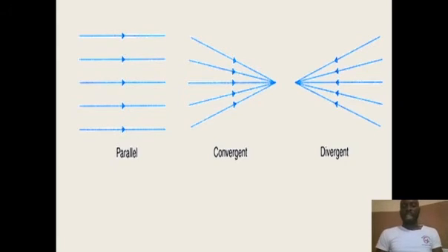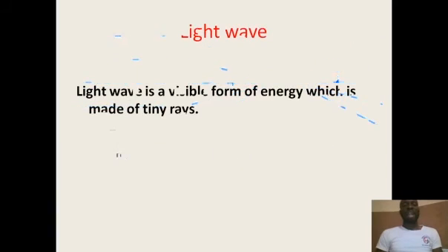Okay, let's move ahead. Light wave. What is a light wave? A light wave is a visible form of energy which is made up of tiny rays.